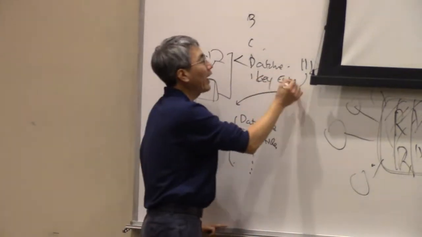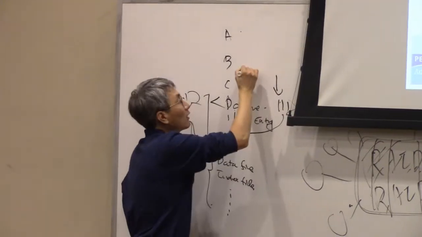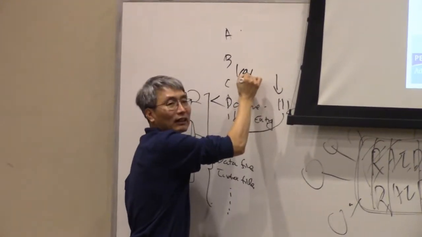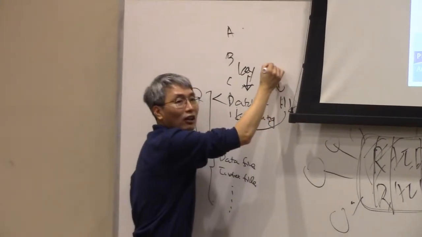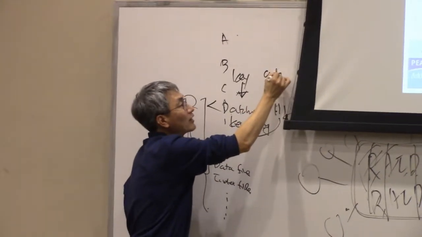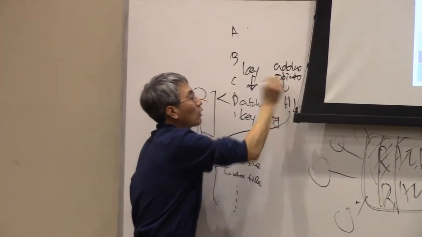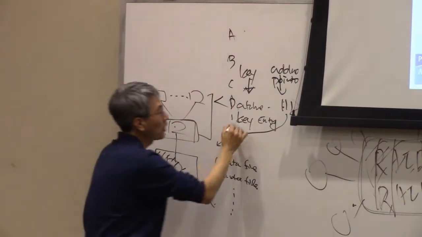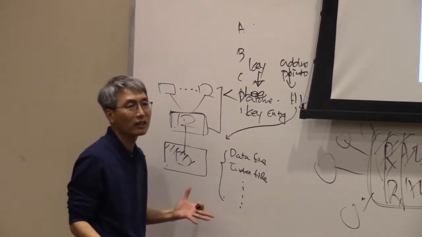This index key entry has two parts. One is the keyword, the key. Another one is the page number, address, or pointer. So for example, I'd like to search Lee. Okay, where is Lee?